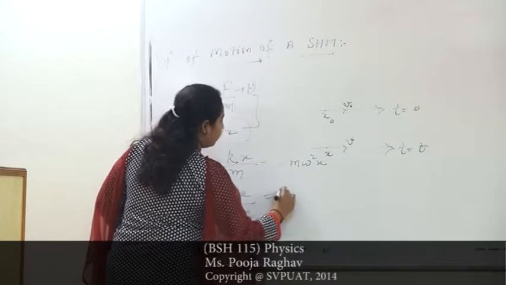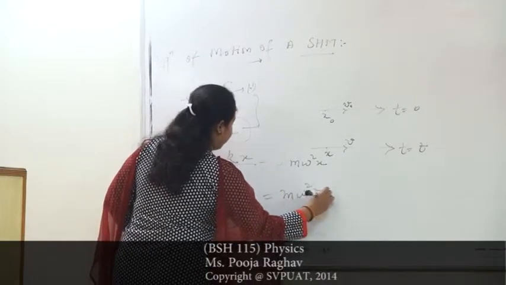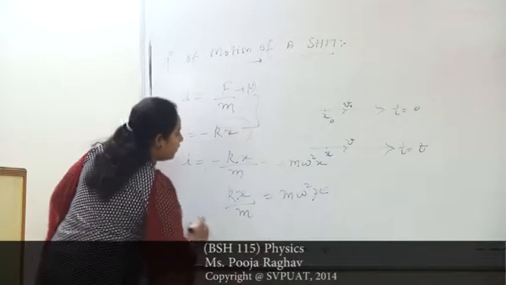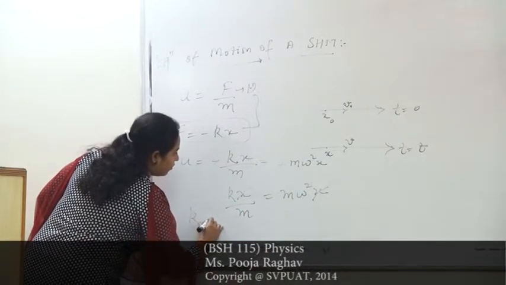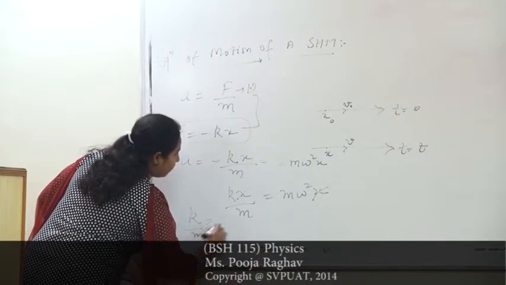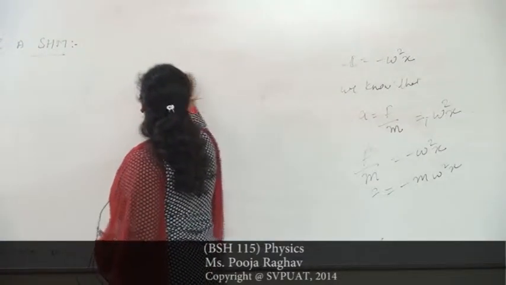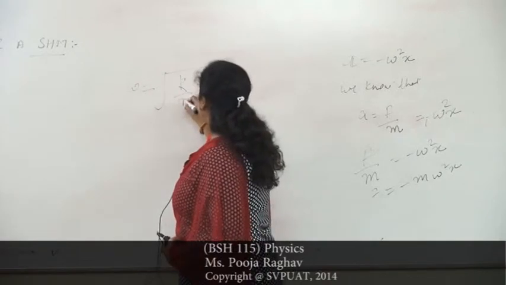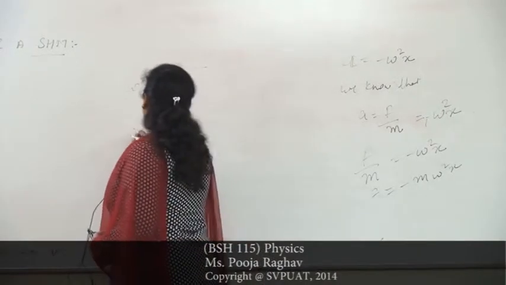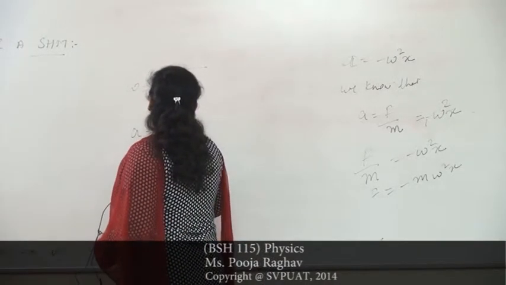kx upon m equals minus omega square x. The x cancels out, then k upon m equals omega square. We can note down omega equals root of k upon m, and a equals dv over dt.